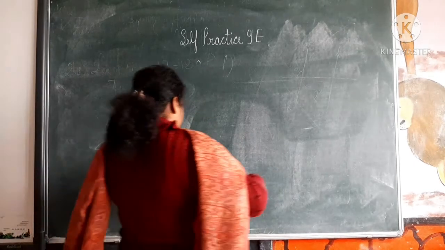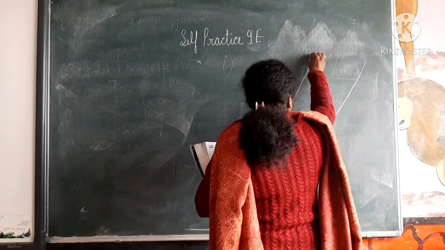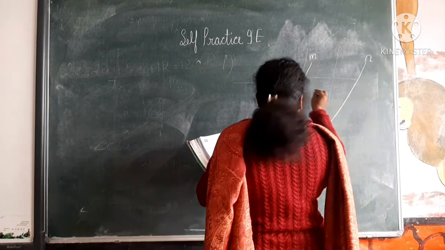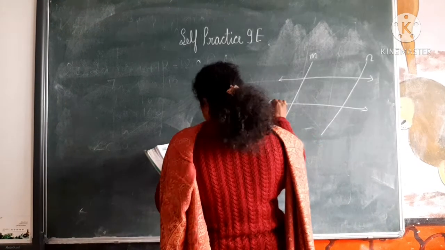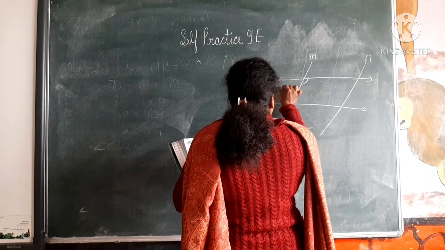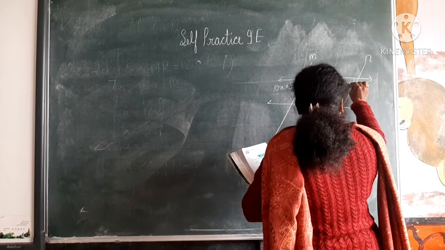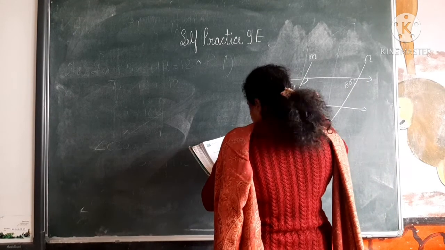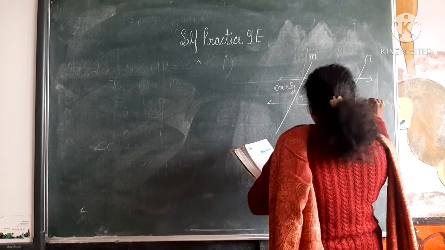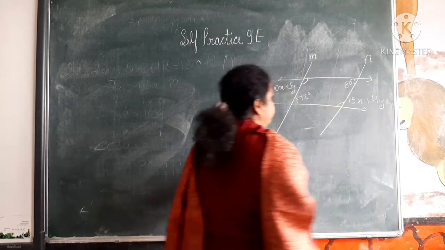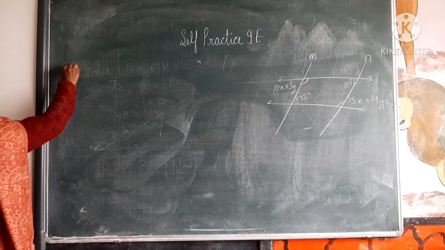The two lines are parallel, M and N. These are the two parallels, M. This one is N. This one, the arrowhead this way, and this one arrowhead this way. 10x plus 5y, and here it is 80 degree, and this one is 72 degree, and here it is 15x plus 4y. Okay. So these are the two angles. You have to find the value of x and y.